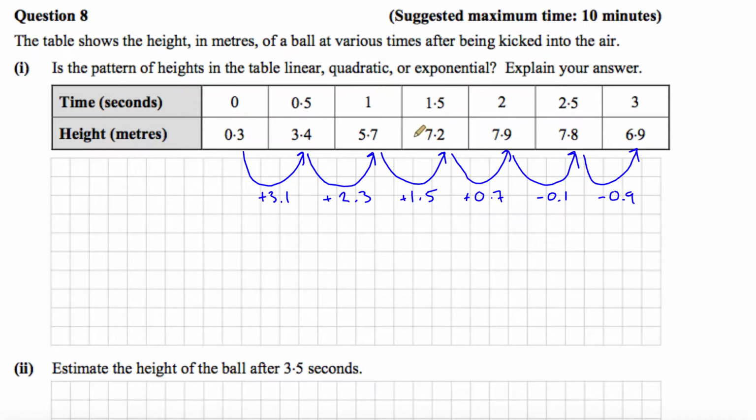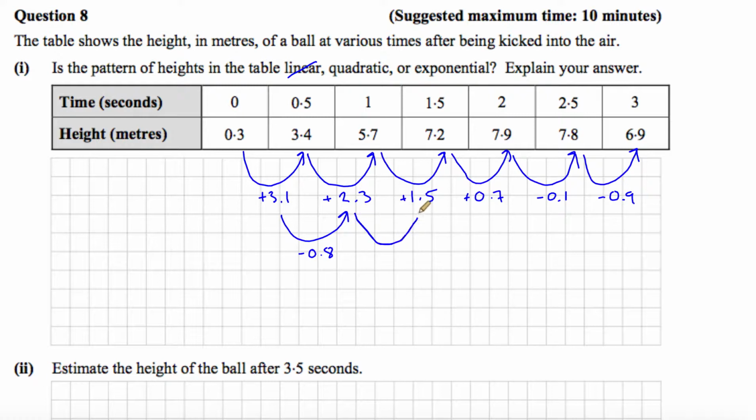Okay, so to check then, it's not linear, so we've established that because this common difference, the number is not constant. So to check if it's quadratic, we're going to do the second difference. So to go from 3.1 to 2.3, well, that's a jump down of 0.8, so negative 0.8.